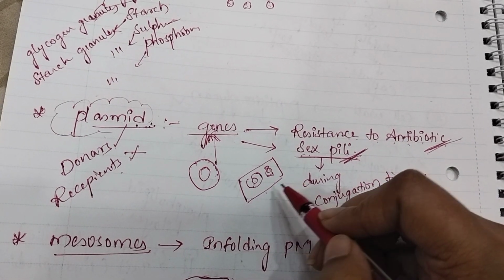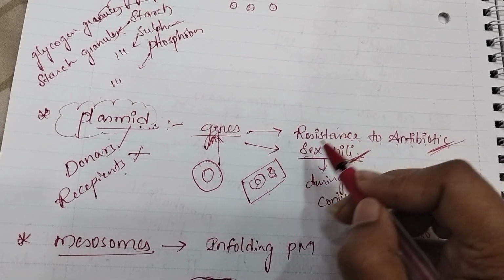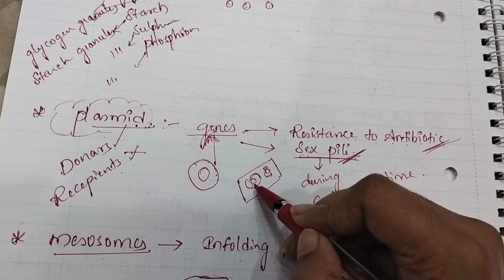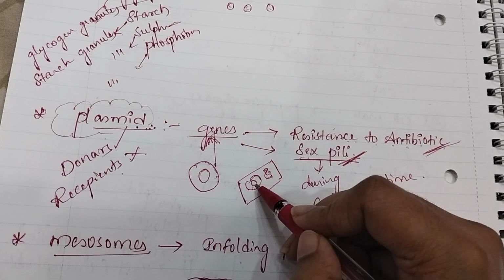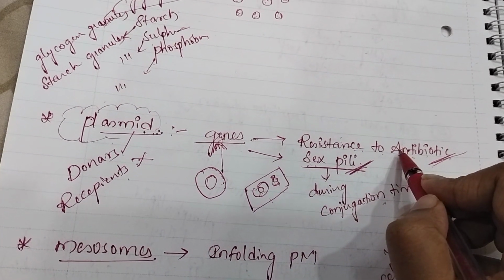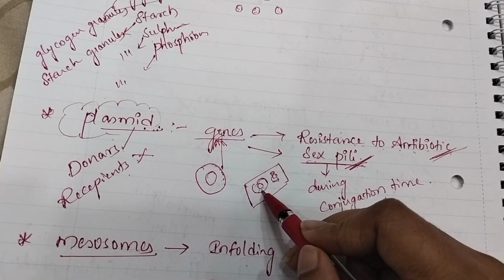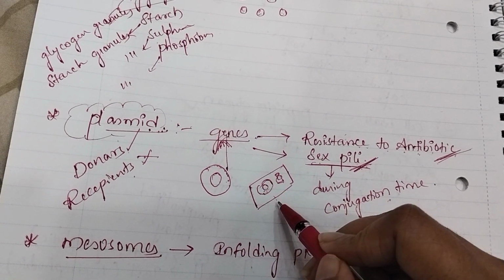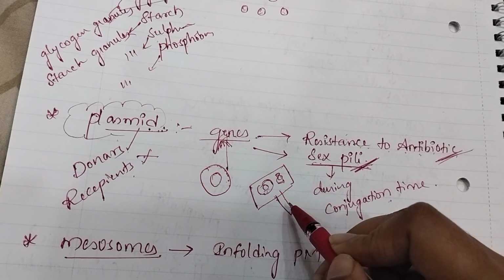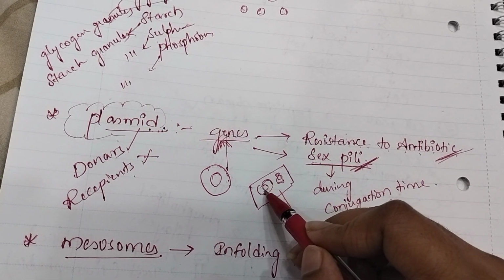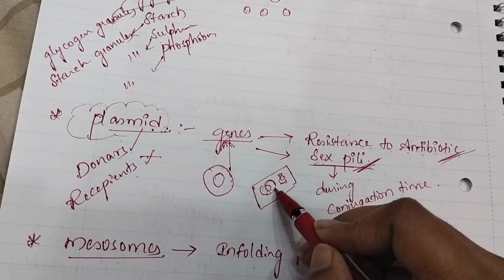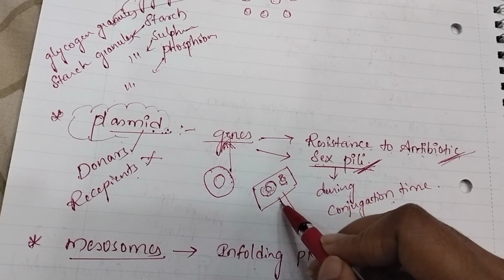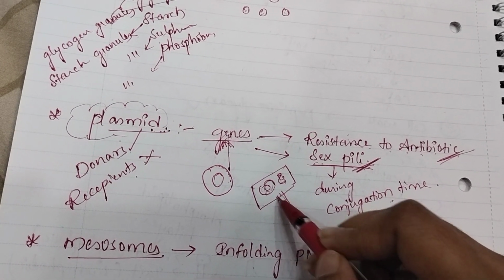If you give any antibiotics, this bacteria shows resistance because it has genes in the plasmid that show resistance to antibiotics. And also this particular bacteria which is having plasmid shows sex pili because there are some genes present in the plasmid that help in formation of sex pili.